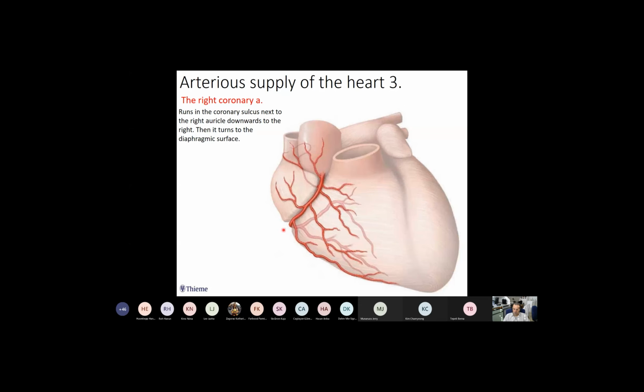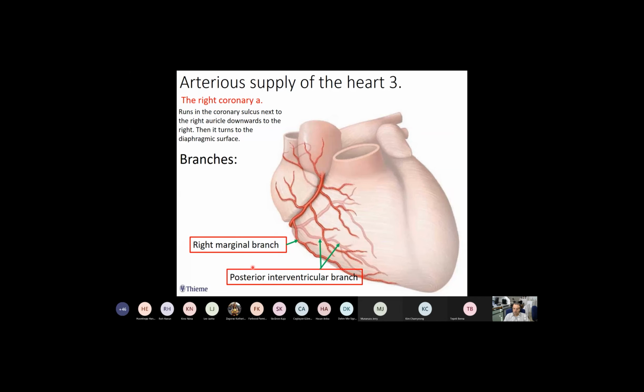Now, the right coronary, as you can see, has a couple of branches. Out of those branches, I would like to point out the right marginal branch, which runs next to the right margin of the heart. And on the back side, you have the posterior interventricular branch. These two branches I highlighted with red boxes.